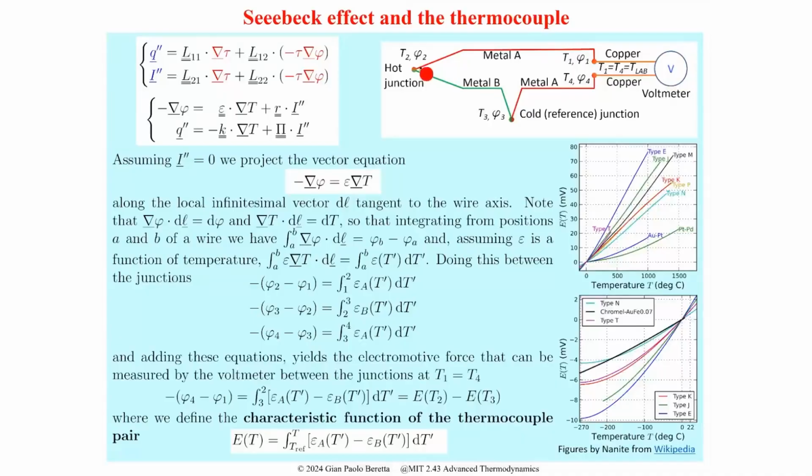Now, we are doing it for a thermocouple. The thermocouple has to have two different materials, so two different conductors. Here we call it A, and the other B, that are joined with a good conducting junction here and here.